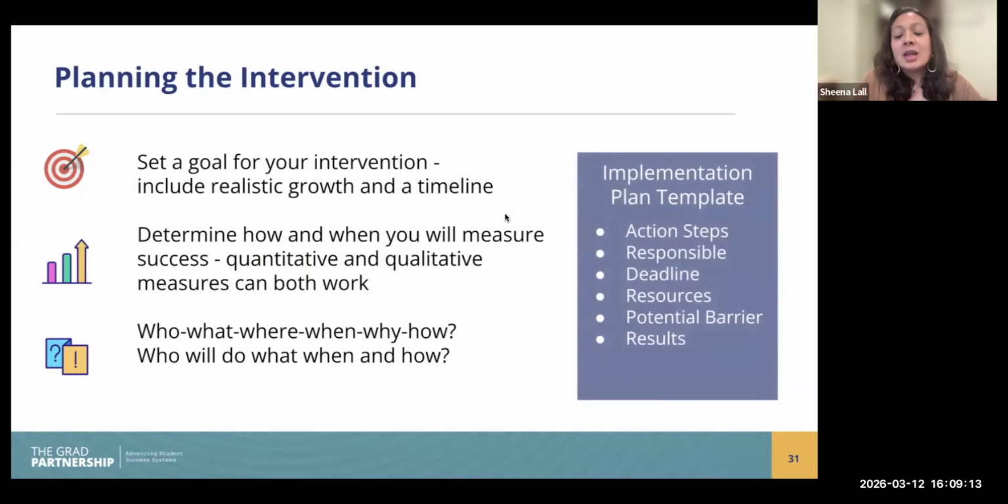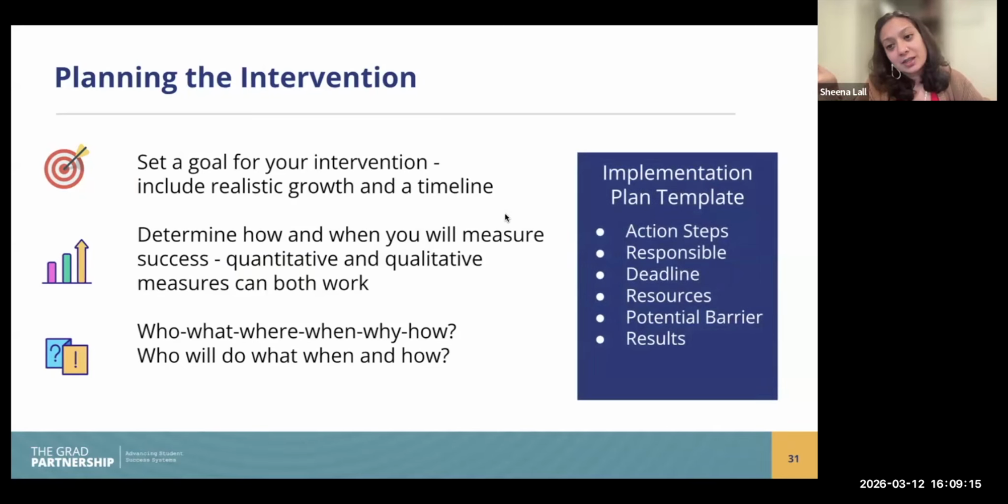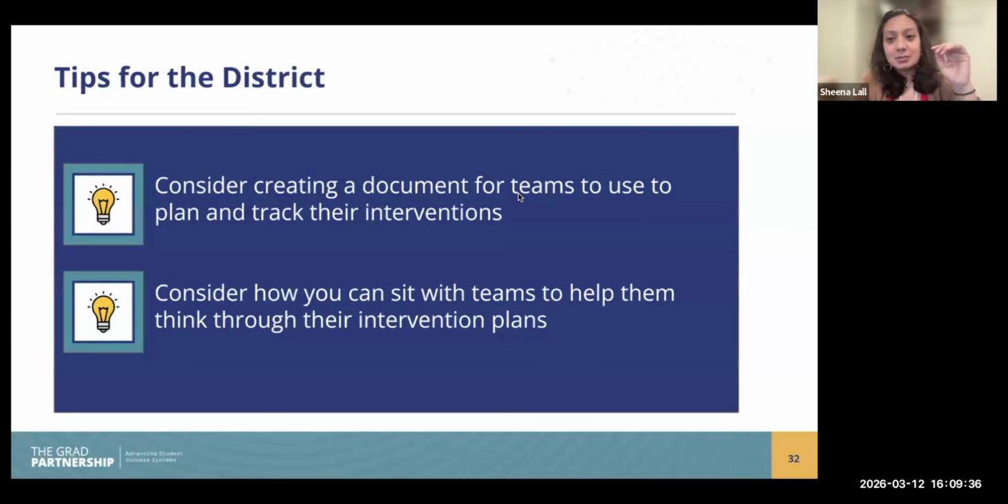So, it can be really helpful to use something like an implementation plan template that includes some things like who would be responsible for the action, the deadline for the action, maybe what potential barriers you might encounter, and how you would plan to move past your barriers. And so in the chat, we will drop a link to a sample, but consider creating that document as a district for teams to use to plan and track their interventions.